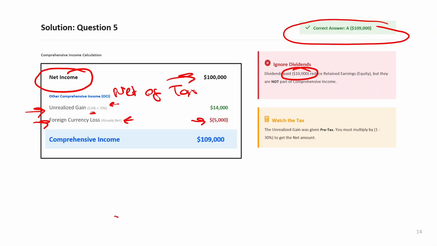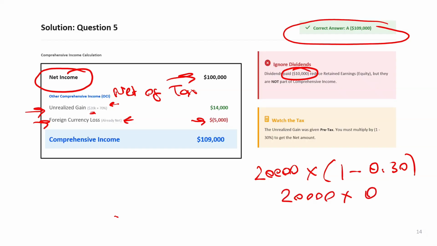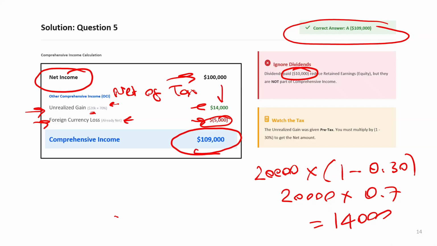So how did we get the net of tax amount? Remember the formula we used before. 20,000 times 1 minus the tax rate, 20,000 times 0.7 makes 14,000. So 14,000 minus 5,000 is 9,000. So 100,000 plus 9,000 gives us the correct answer, which is 109,000.